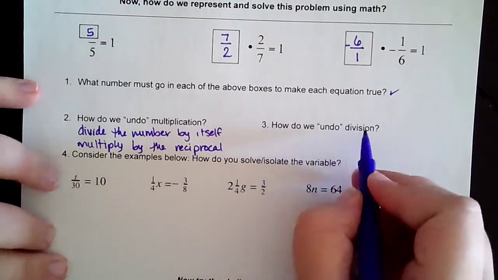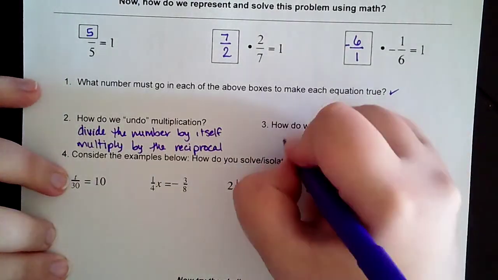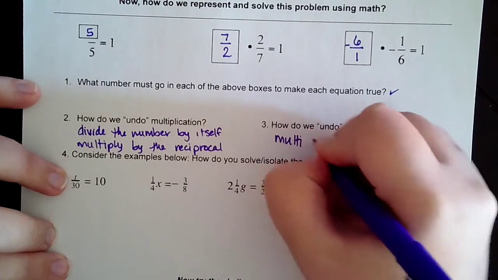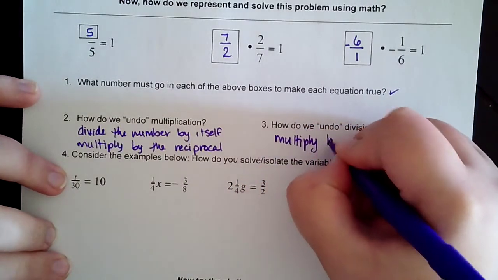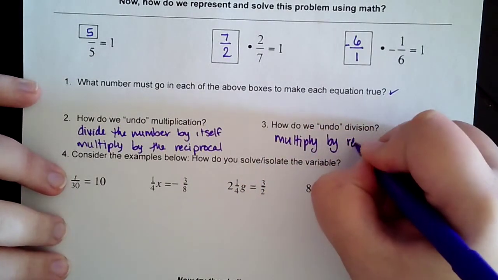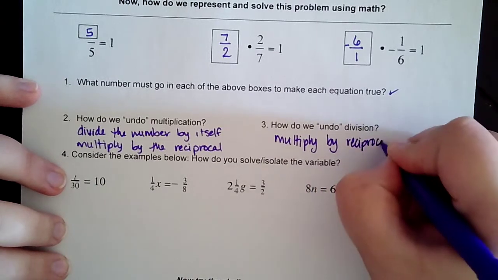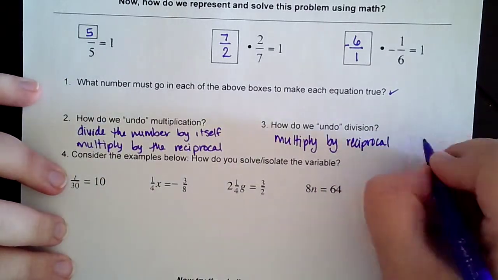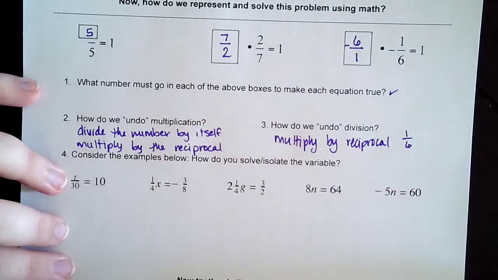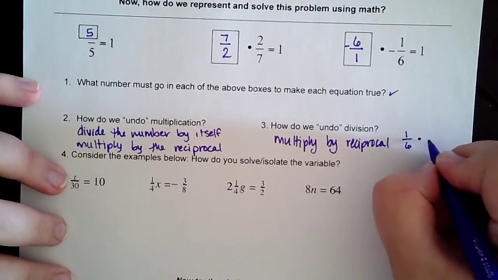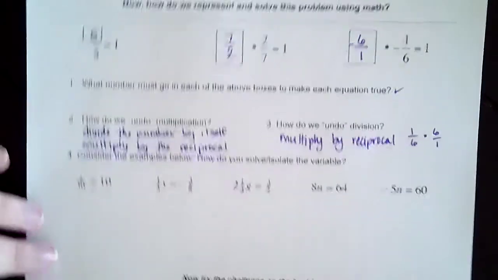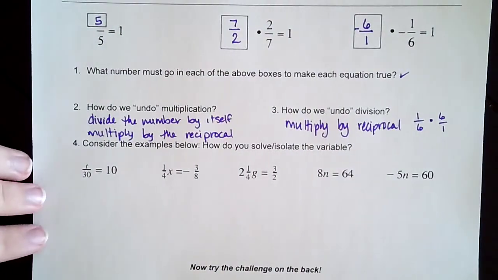How do we undo division then? By multiplying by that number. Multiply by the reciprocal. Same thing. So if I want to undo 1/6, I need to multiply by 6, or in this case 6 over 1. They're interchangeable, so it doesn't matter.